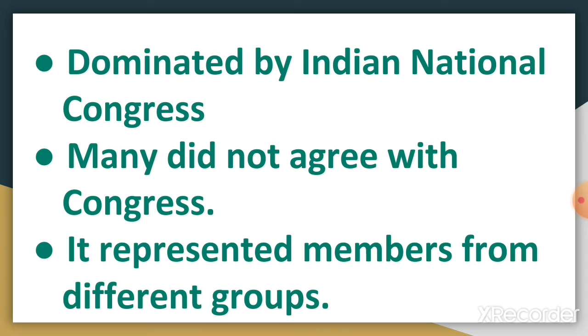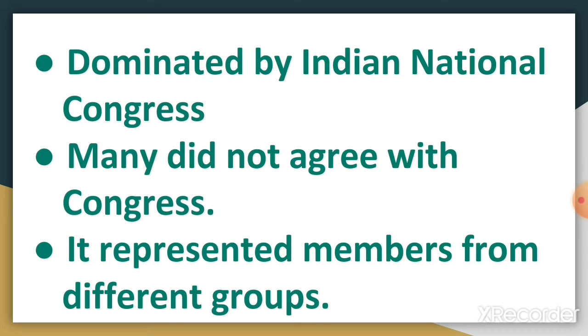The Constituent Assembly was dominated by the Indian National Congress, which was a major political party at the time. This Congress party also led India's struggle for freedom. But the Congress itself included a variety of political groups and opinions.